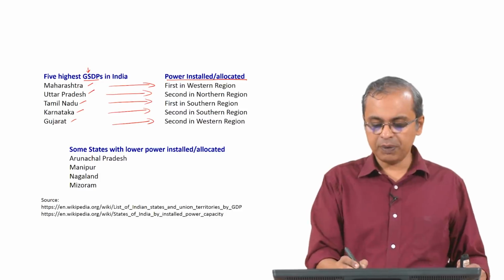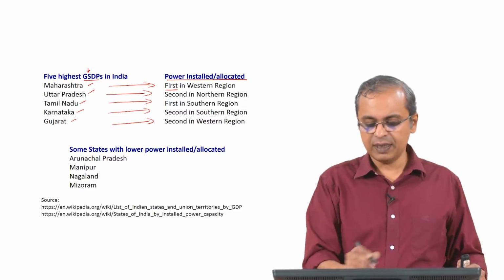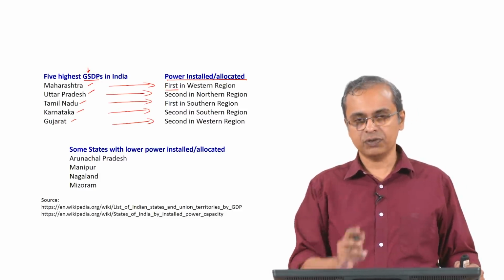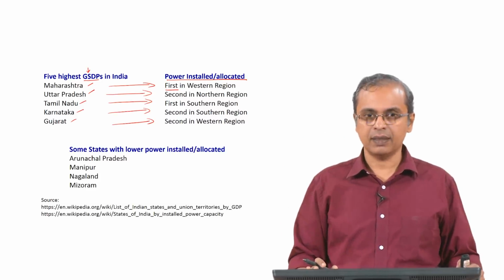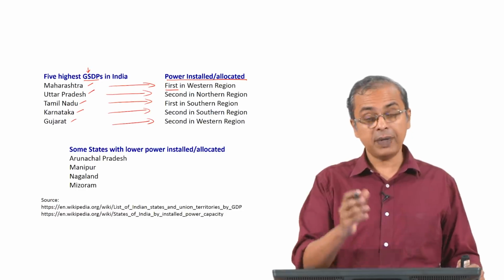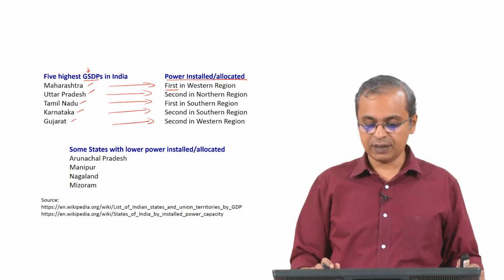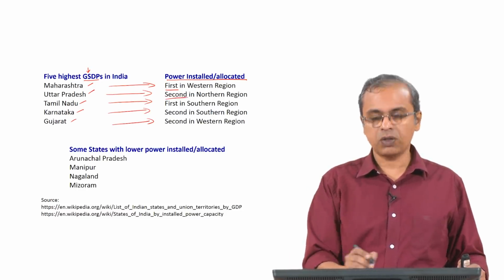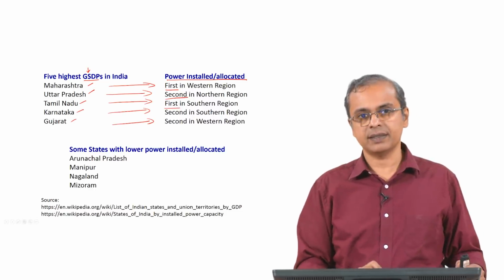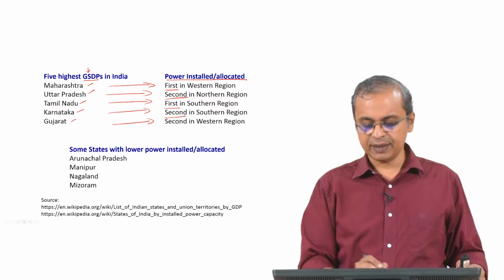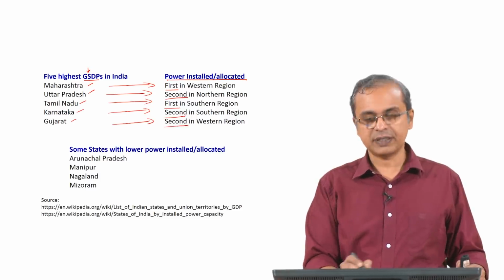If you distribute this as western, southern, eastern and northern, Maharashtra is the first in the western region. Uttar Pradesh is second in the northern region. Tamil Nadu is first in the southern region. Karnataka is second in the southern region, and Gujarat is second in the western region.